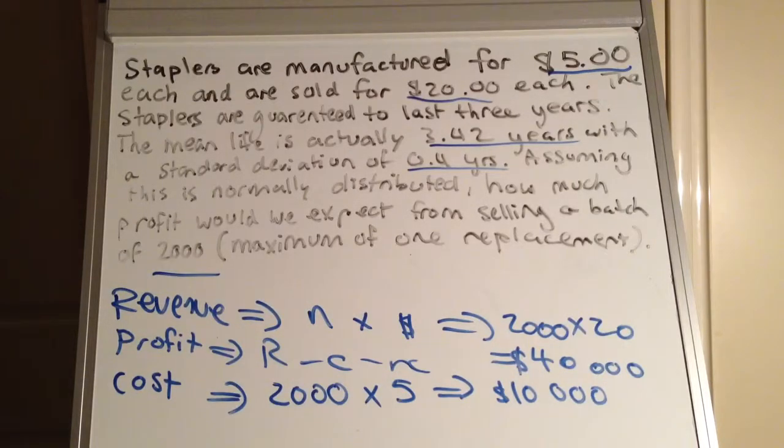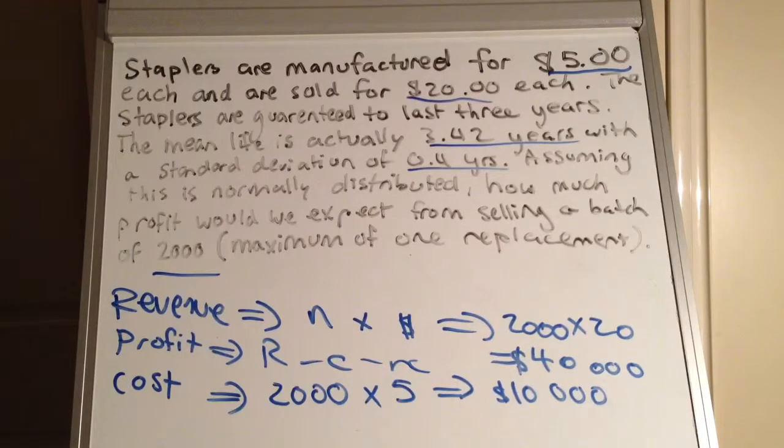And hence, we have got our 2 crucial values that help us work towards calculating the profit. We've got 40,000 as being the revenue, and we've got the cost as being 10,000. And we know we're getting there, we just got that one last value.